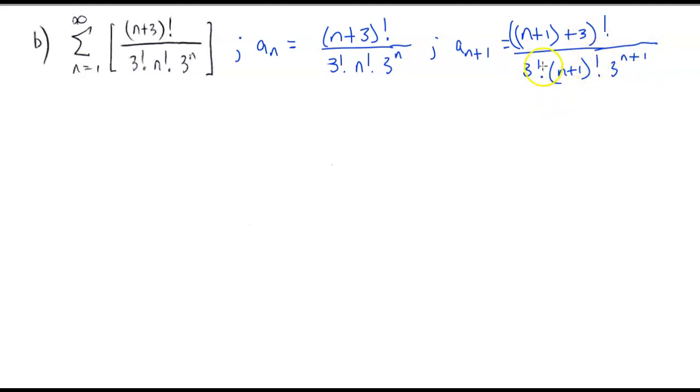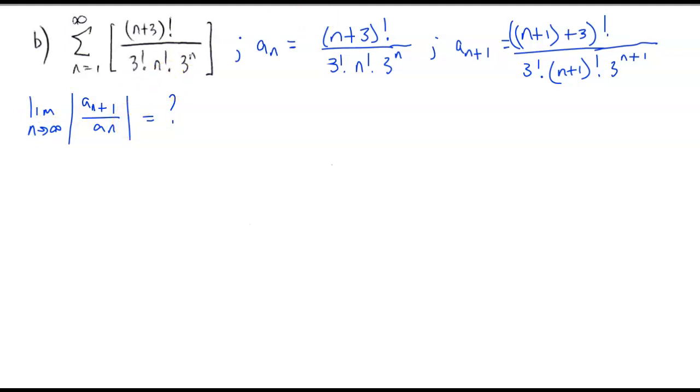Now that we have that written, remember what we are essentially trying to do is evaluate the limit as n approaches infinity of the absolute value of a sub n plus 1 divided by a sub n, and see what that outcome is going to be.